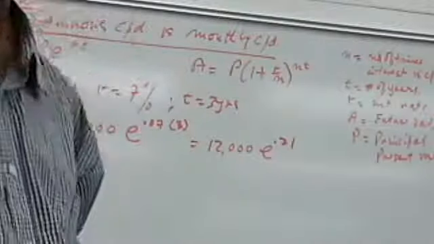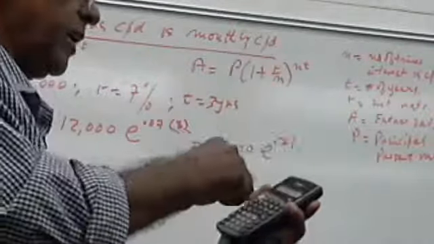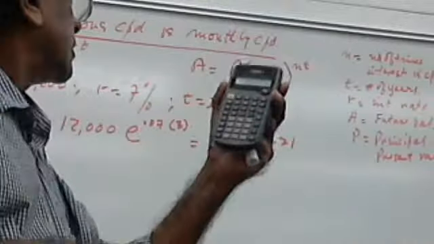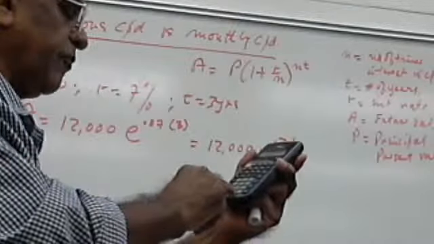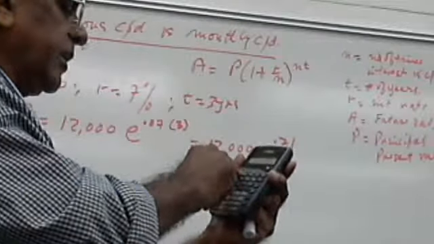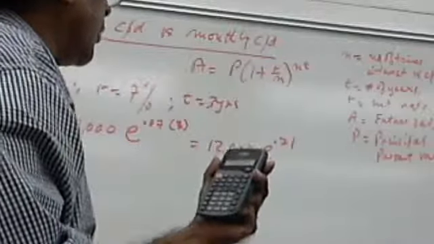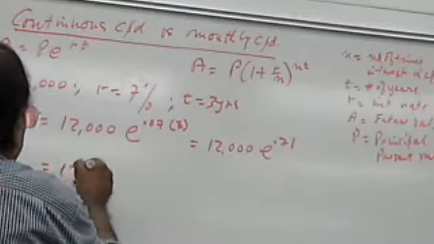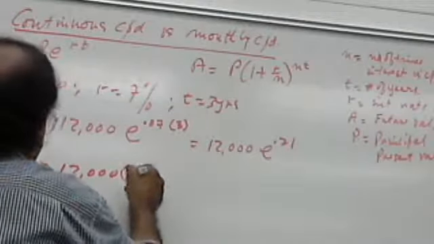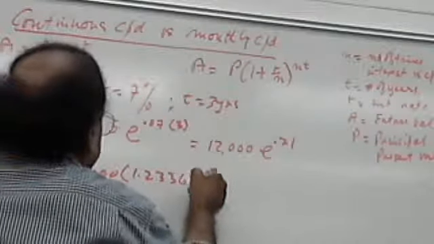Now, if you use your handheld calculator, a TI-30XA or any other one, it should have the exponential key. Some of them involve just entering the exponent of 0.21, and then you hit that exponential key, and it gives you 1.233678. So our value here is going to be 12,000 multiplied by 1.233678.